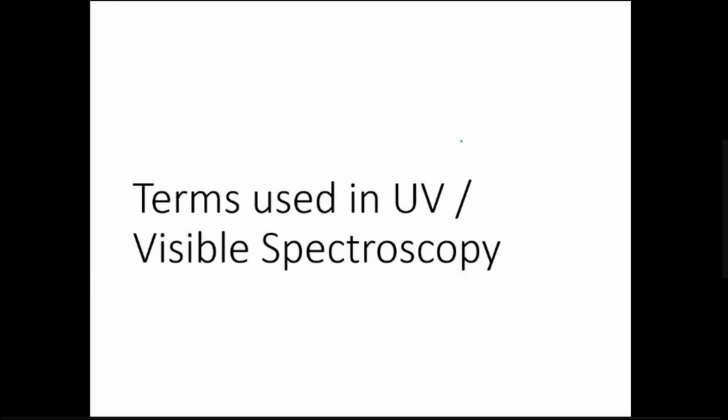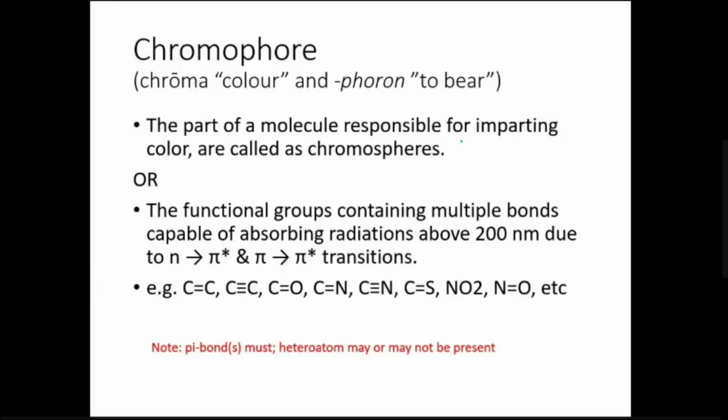Now let us study few more terms used in UV. Chromophore. It is the functional group. Okay, this definition is B-Pharm level definition: functional group responsible for the color of the molecule. Now, M-Pharm level proper definition is functional groups containing multiple bonds capable of absorbing electromagnetic radiation above 200 nanometer due to n to pi star and pi to pi star transitions.